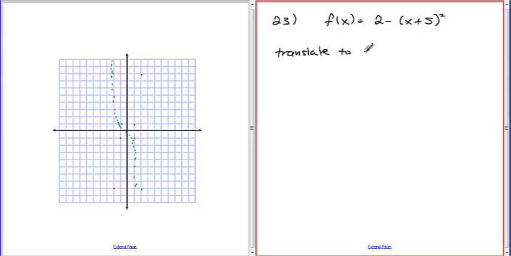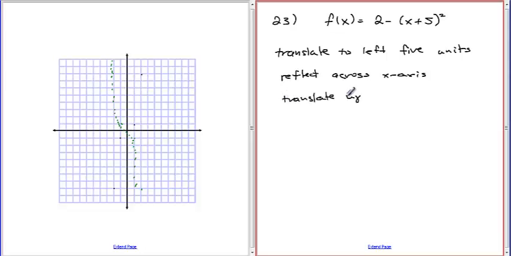So translate to the left 5 units. Then reflect across the x-axis, and then translate up 2 units. So that's the translation.